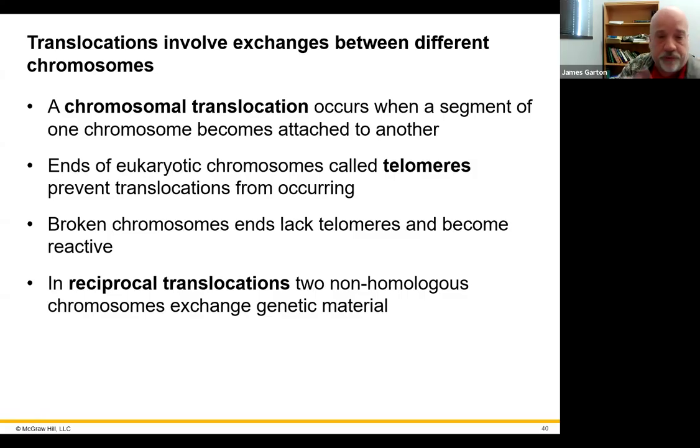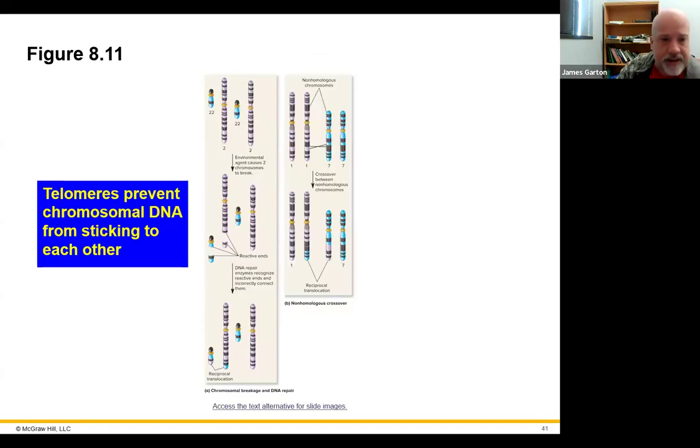You might have a reciprocal translocation, in which you keep the telomeres. But now you have pieces of DNA that are on different chromosomes than they should be. And again, no DNA is missing. It's just somewhere else.